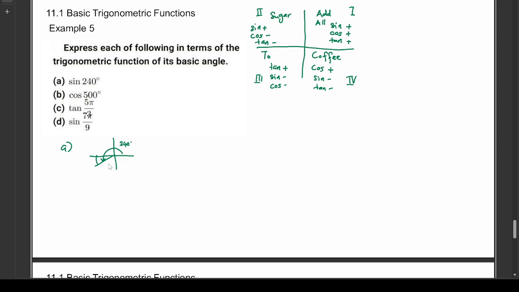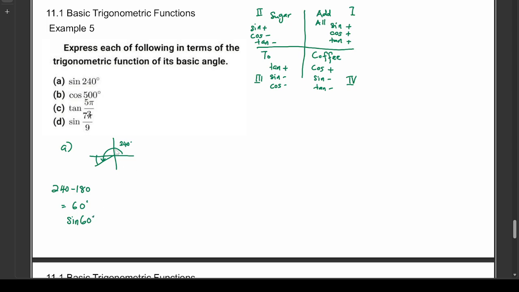Remember, basic angle is always measured from the x-axis to the terminal side, or from the terminal side to the x-axis. So for this basic angle, you will need 240 minus 180. So you get 60 degrees, and the trigonometric function is sine, so it's sine 60.